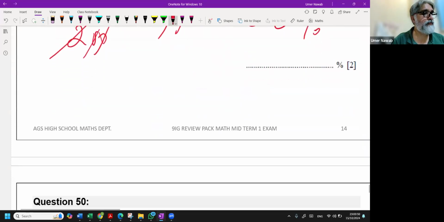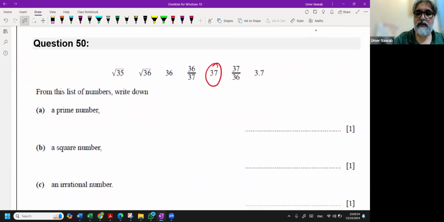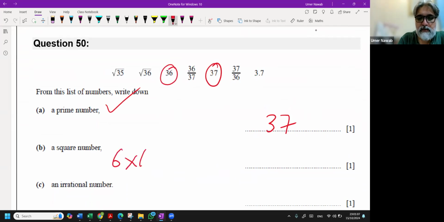Now we go to question number 50. A prime number. Obviously, 37 is a prime number. Square number, a number which can be written as the product of two same numbers. So 36, since 6 times 6 is equal to 36, so 36 is a square number.